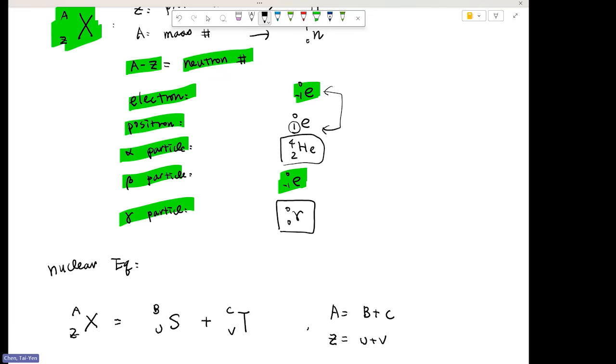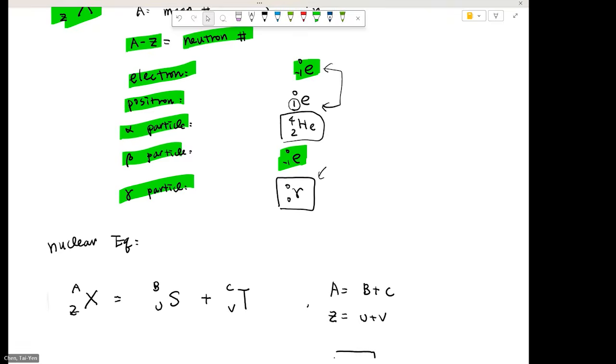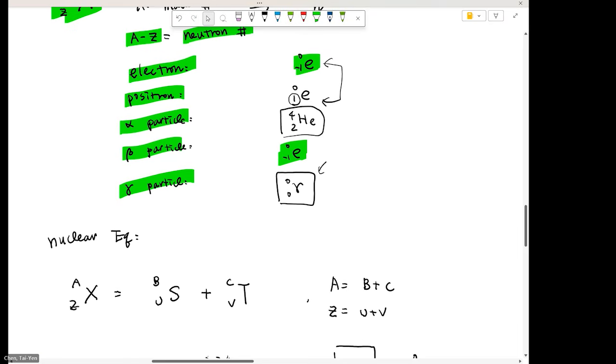A gamma particle is a high energy radiation. It comes from the combination of an electron and a positron. If you have 1 electron and 1 positron, when they combine, they produce 2 gamma radiation.